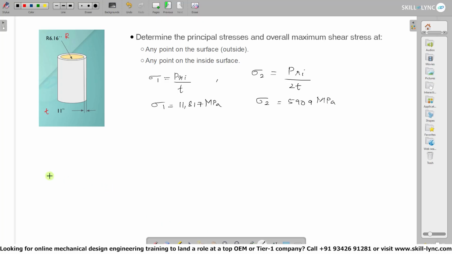Now, considering a 3D element, the first thing we have to find is any point on the surface. On the surface is the outside surface, which is the circumferential surface. So, considering any 3D element on the circumferential surface, we'll consider sigma 1 and sigma 2 as the values which we found.